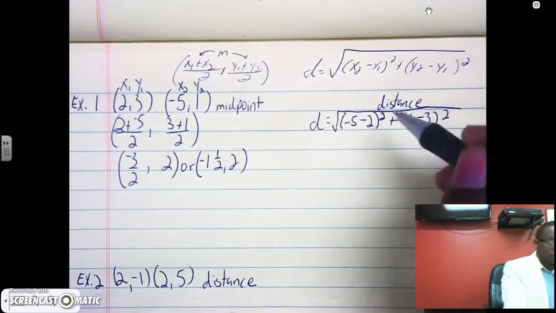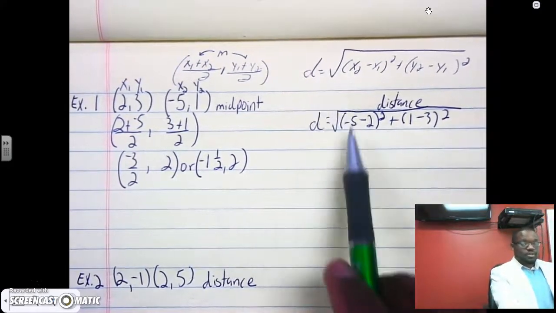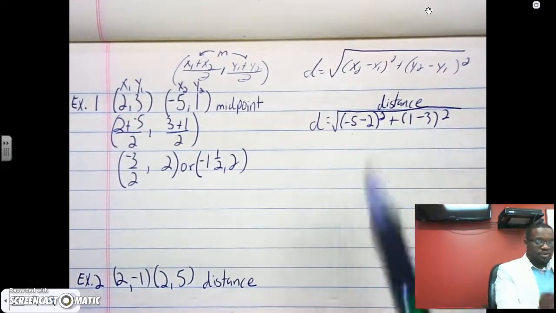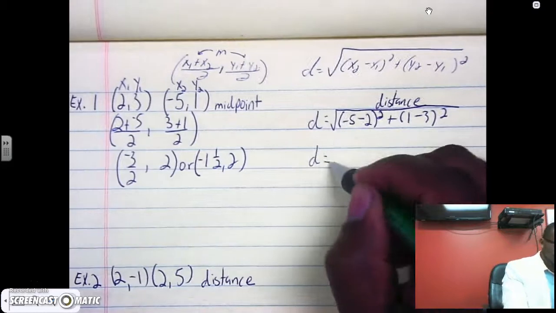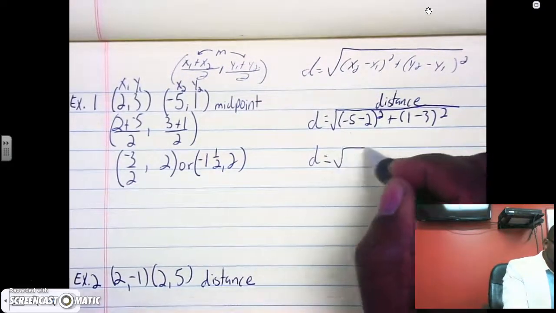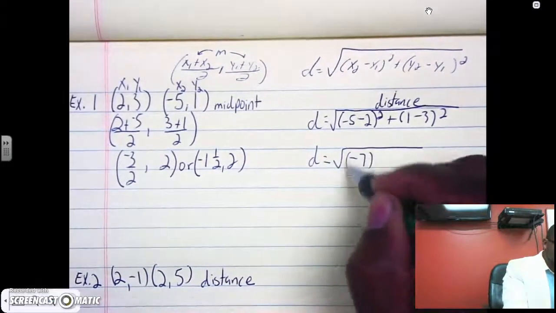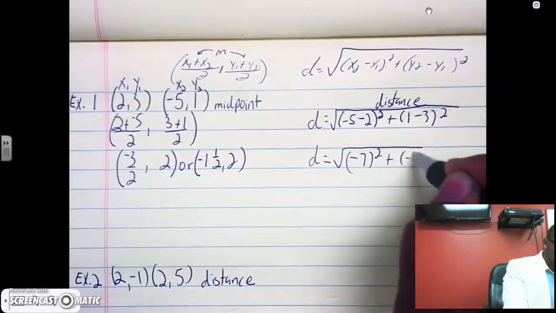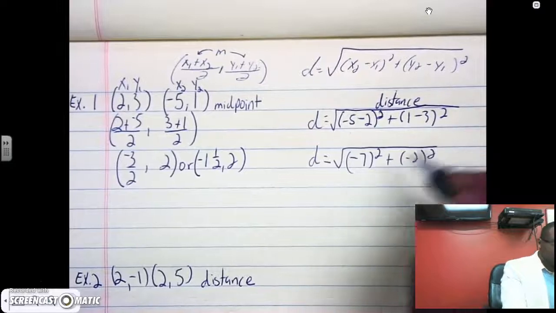Now, truthfully, the order that you subtract those, as long as you put the x's first, the y second, it doesn't really matter because you're going to square them both. So d equals the square root of negative 7 squared plus negative 2 squared.